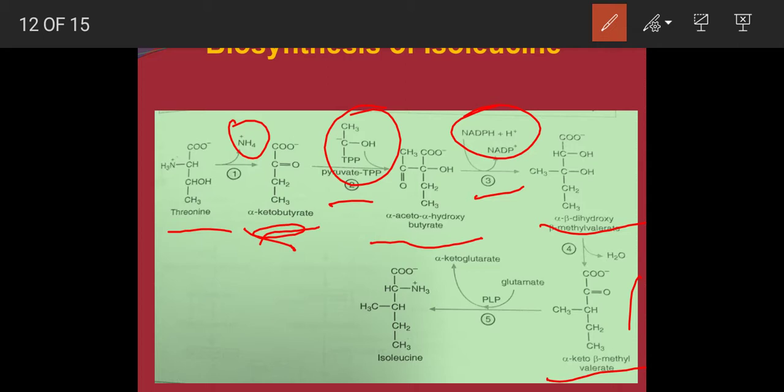The alpha keto group of this alpha keto beta methyl valerate is now transaminated by glutamate in step 5 to produce isoleucine. The donor of the amino group is glutamate and an alpha ketoglutarate is released in this reaction. This is a simple transamination reaction and PLP dependent.